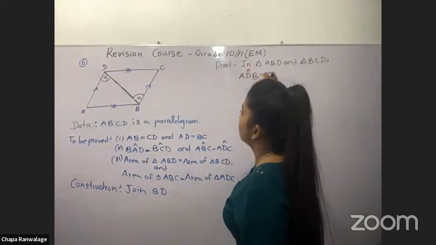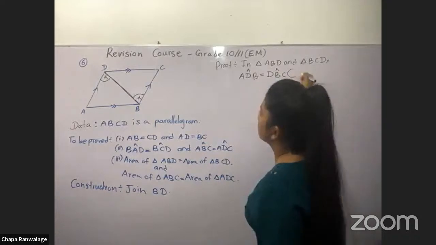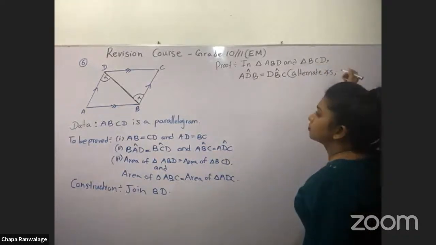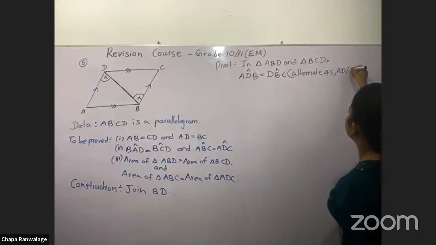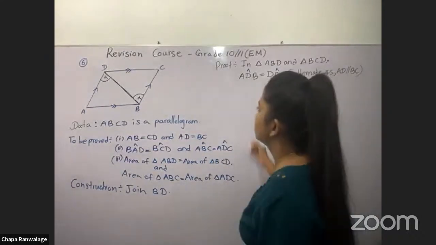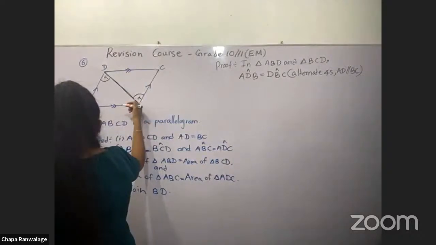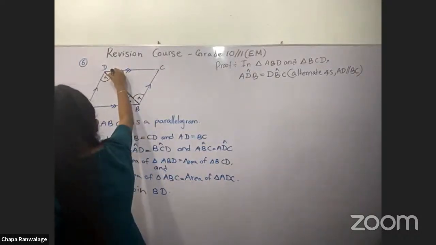ADB is equal to DBC. Alternate angles. And because AD is parallel to BC. And likewise, you can say this one is equal to this one.